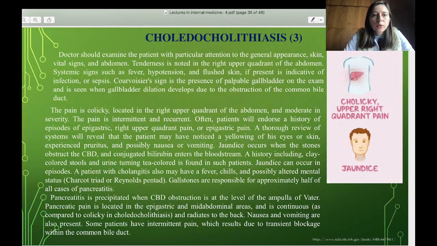A thorough review of systems will reveal that the patient may have noticed a yellowing of his eyes or skin, experienced pruritus, and possibly nausea or vomiting.